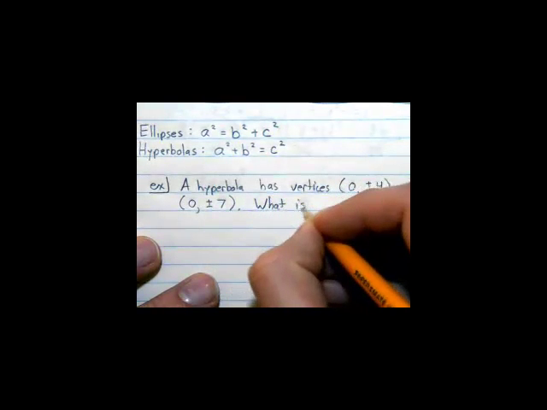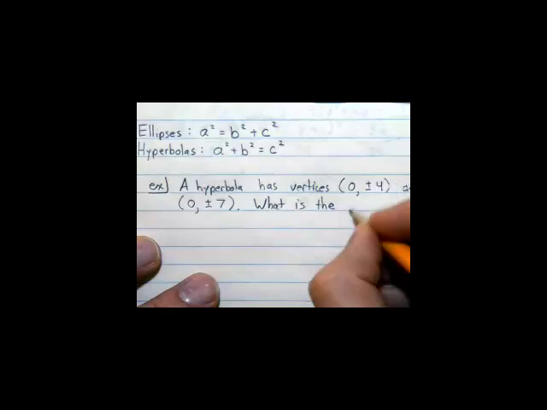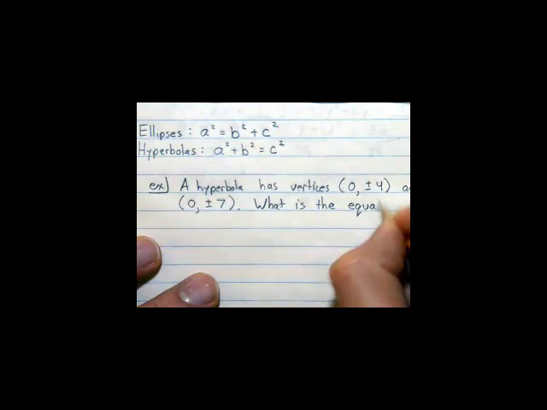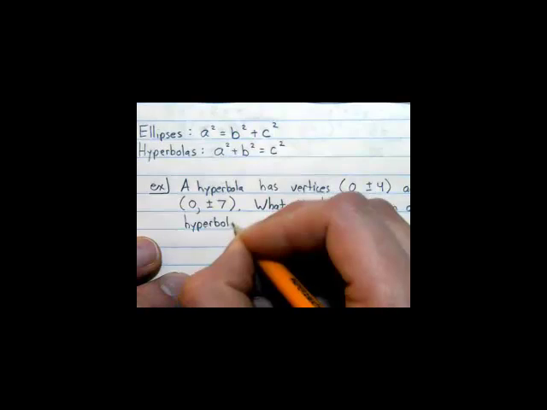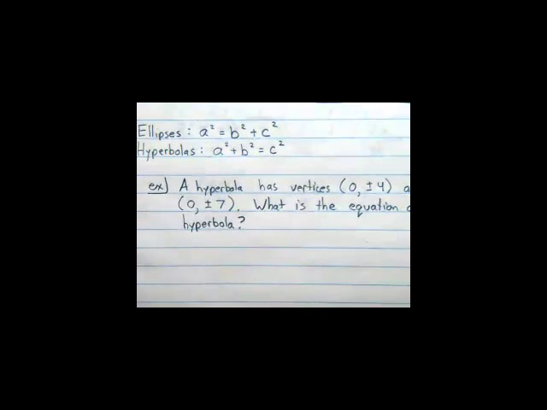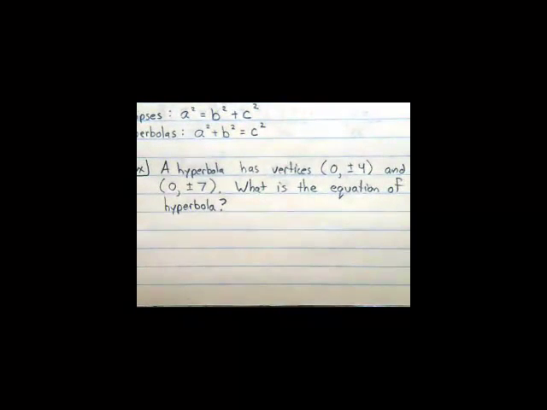What is the equation of the hyperbola? So we need to know orientation. We need to know what's a, what's b, and we're good. That's it. Okay?